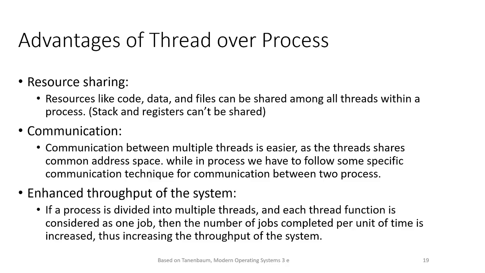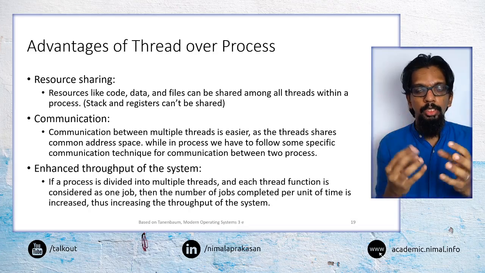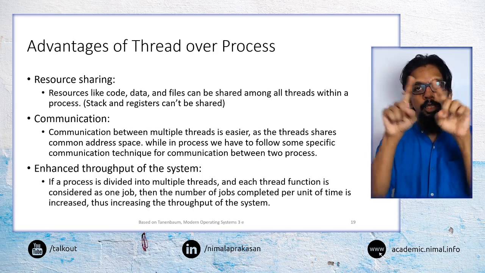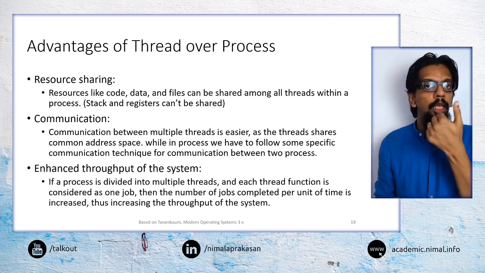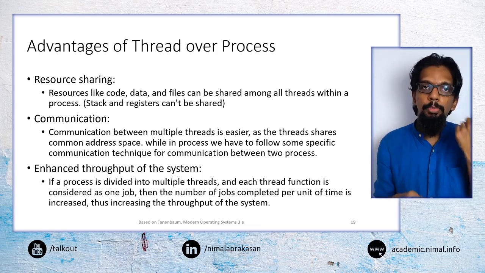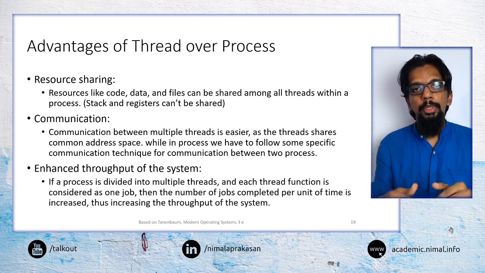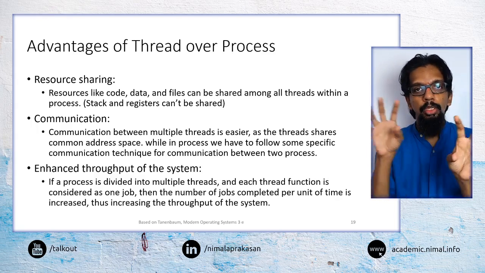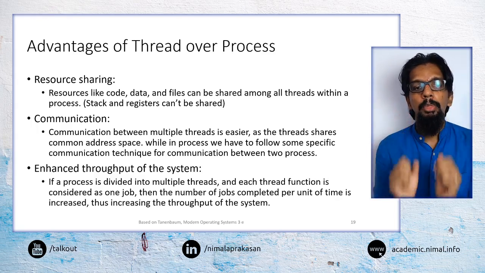Say, for example, if we take the example of the word processor, when you are typing a document, it is the same information that needs to be formatted, the same information needs to be spell checked, and the same information needs to be stored on the disk. So all of the tasks by individual threads are working on the same information.